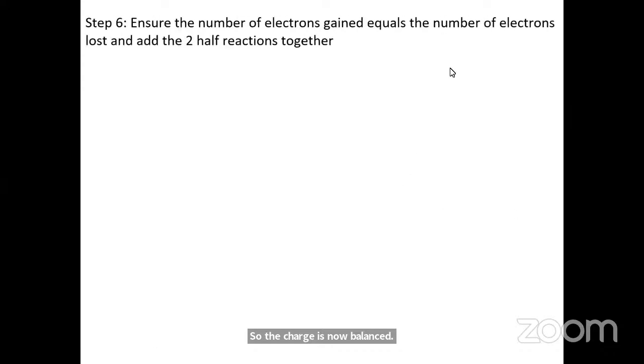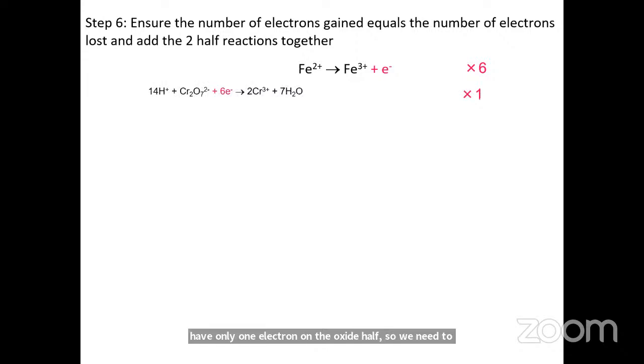Now it's time to add up. We have 6 electrons on the reduced half equation. We have only 1 electron on the oxidized half equation. So we need to multiply this by 6, and this multiplied by 1. It's just like exchanging the stoichiometry of the electrons.